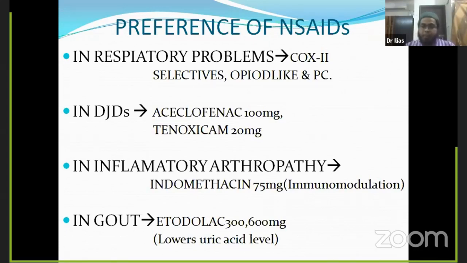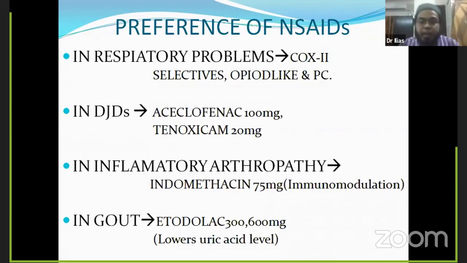But avoiding these two NSAIDs, if we prescribe other NSAIDs, definitely this will also reduce down the pain, but we can't get that kind of cartilage preserving activities of the NSAIDs. So better to prescribe aceclofenac and the tenoxicam in the degenerative joint diseases. So I think it is clear to you.